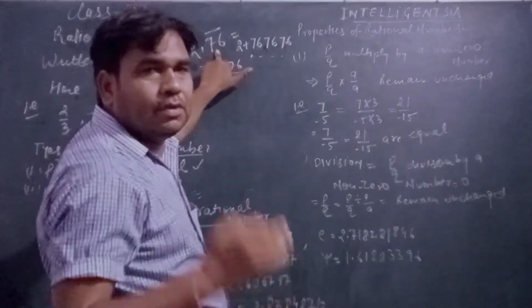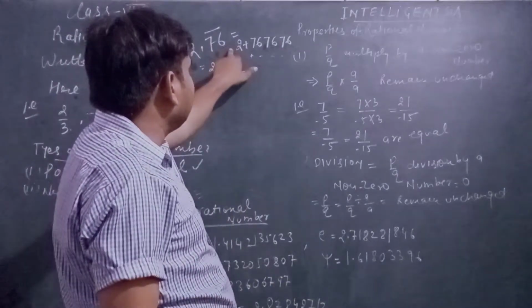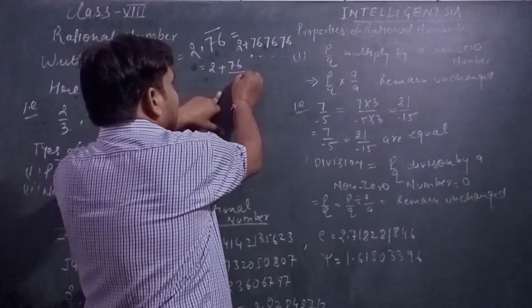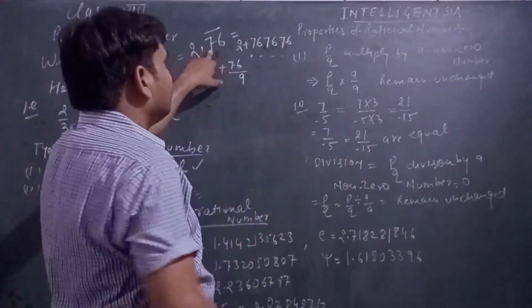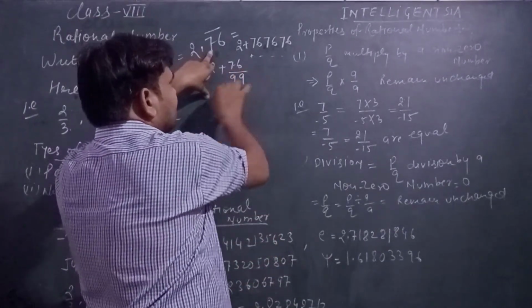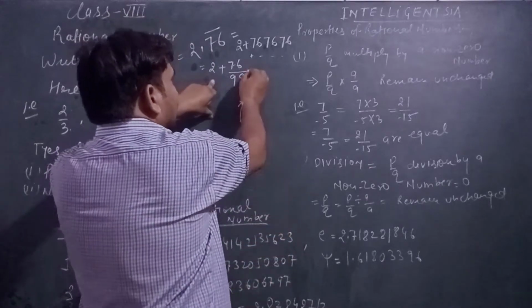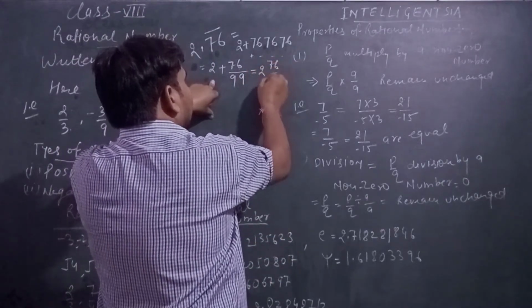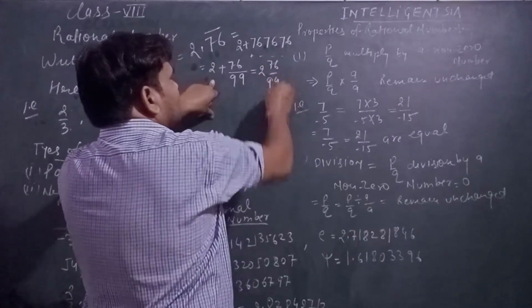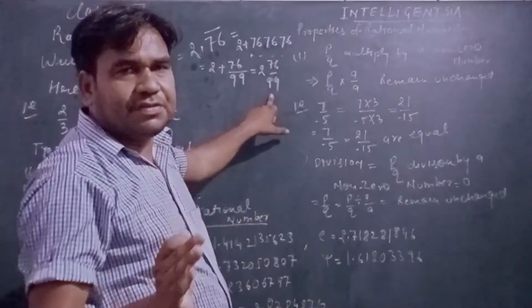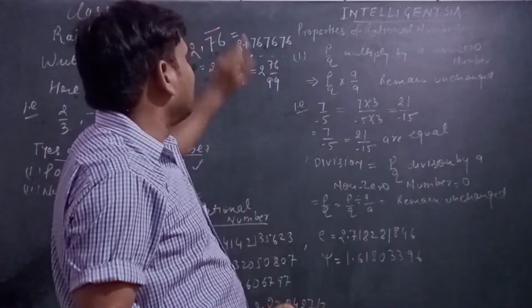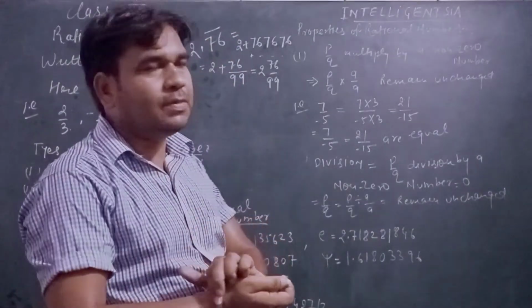When you see the bar is over 2 numbers, so 9 comes in the denominator for each bar digit, that is 99, and you can write this as 76 over 99. It means to say this is also a fractional form. It means to say 2.76 bar is also called a rational number.